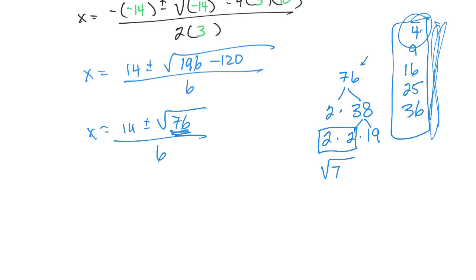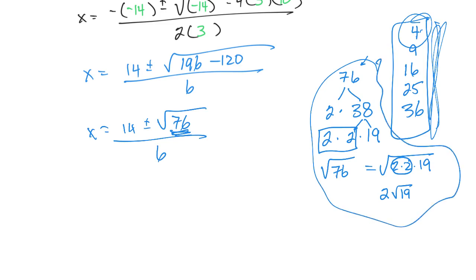So the square root of 76 is the same thing as the square root of 2 times 2 times 19. If it's a square root, I can take those two 2's out and leave a 19 inside. So using a factor tree sometimes is helpful in breaking down numbers like that. So in this case, you'd have 14 plus or minus 2 root 19 all over 6.